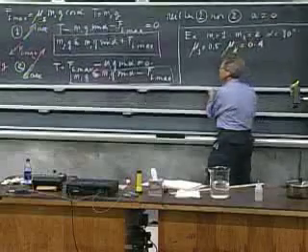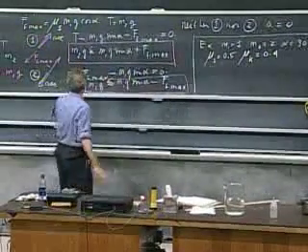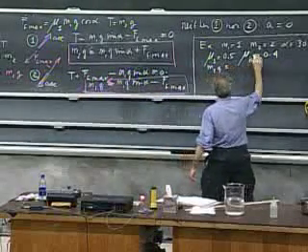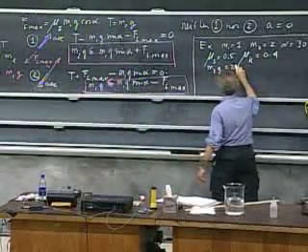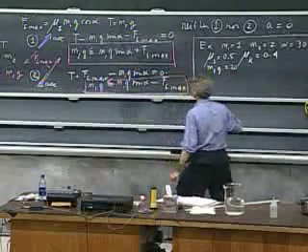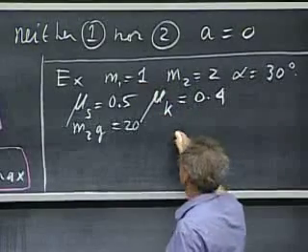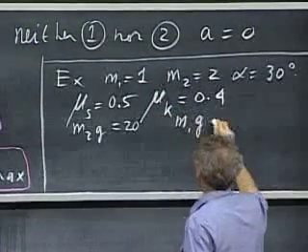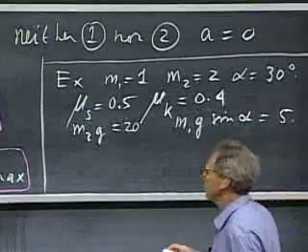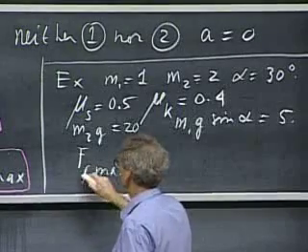What it comes down to is that we have to evaluate these three terms. Let's first take m2g. m2g equals 20. We'll just take for g 10, that is just easier. m1g sine alpha, the sine of alpha is a half, so m1g sine alpha equals 5. And what is f friction maximum?